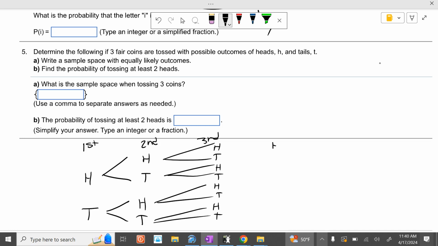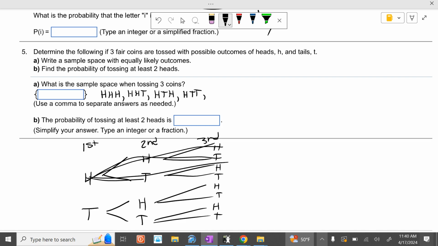So this is what the sample space is. You could have a heads, heads, heads going through the top. You could have a heads, heads, tails. You could have a heads, tails, heads. And yes, you have to write all this out on your worksheet.